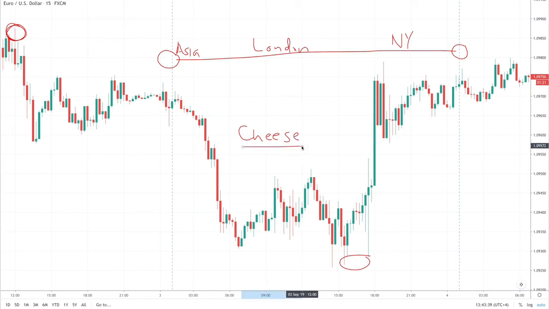The way these cheese trades work is that when there's a movement happening, you're taking a slice off of that piece and saying, that's it for me. That's what I want to do. That's the cheese: you're just taking a thin piece off of the whole thing. You're not looking to take the entire chunk.